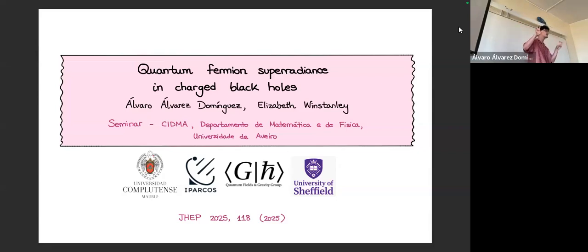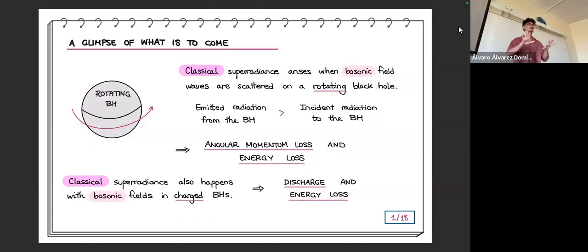Here, in this example, we are going to discover that both effects, gravity and electromagnetic fields, play a very relevant role for quantum effects, and both are necessary. So let's give a brief glimpse of what's to come, and then get into the details. The idea is more or less easy.